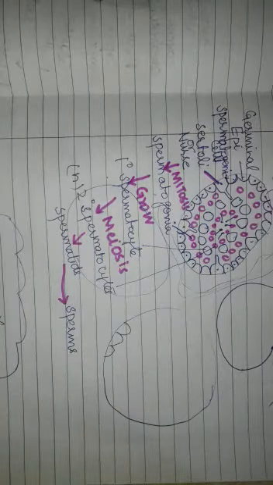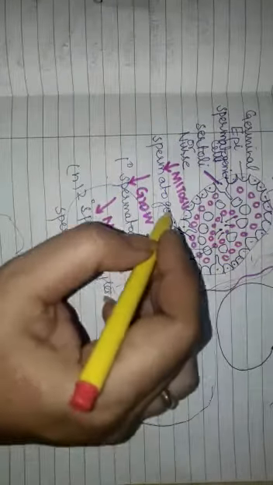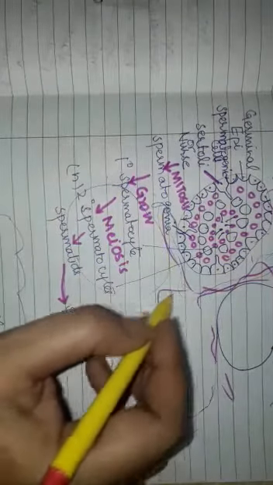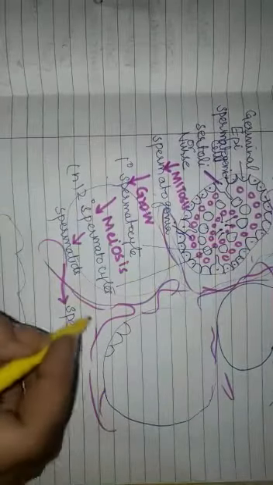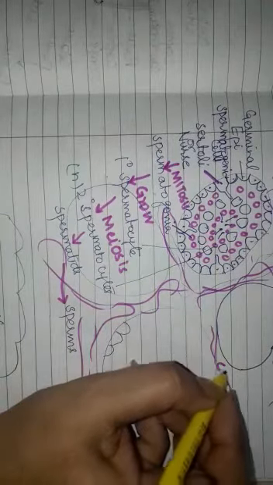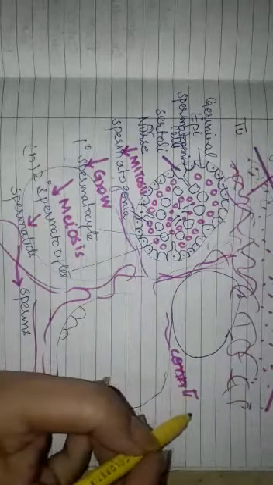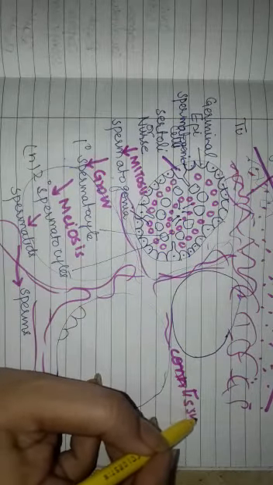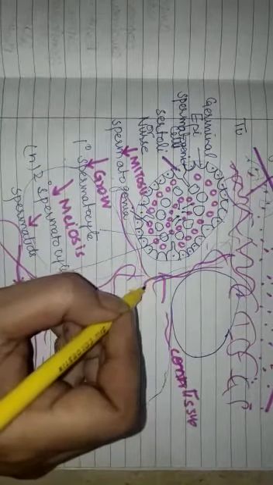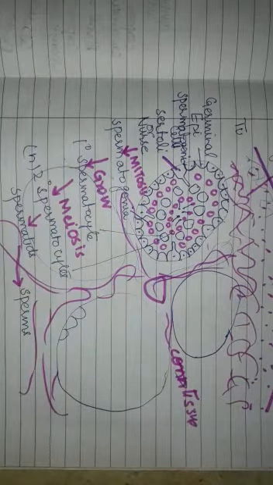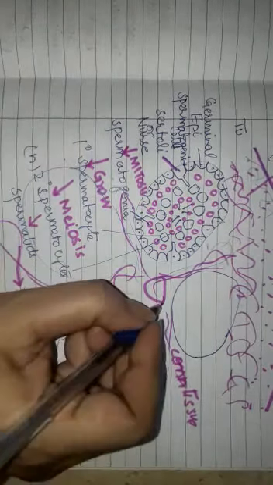और ये जो स्पेस है इन बिटवीन, the space between the lobules and the seminiferous tubules, this is filled with connective tissue. Connective tissue में क्या present है?